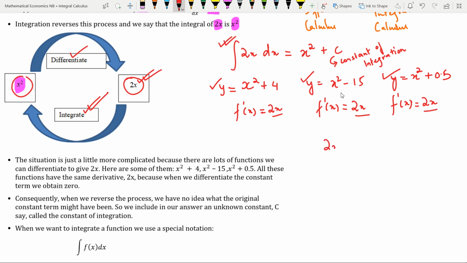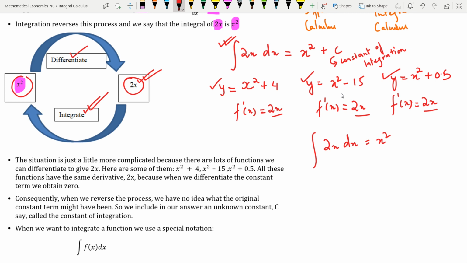So given a derived function 2x, on integrating the derived function, we get x square. And we might not have an idea of how the original function may look like. The original function may have a constant term associated with it, say x square plus 4, or x square minus 15, x square plus 0.5, whatever constant term it is.